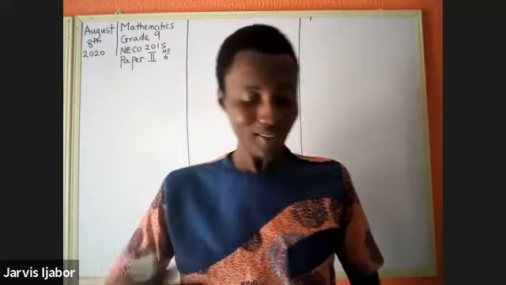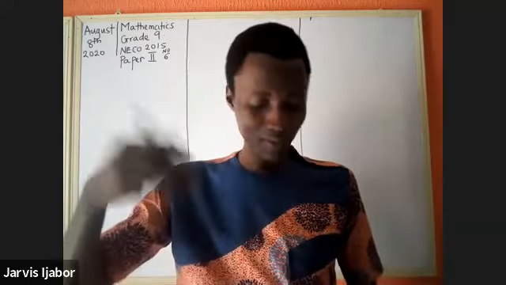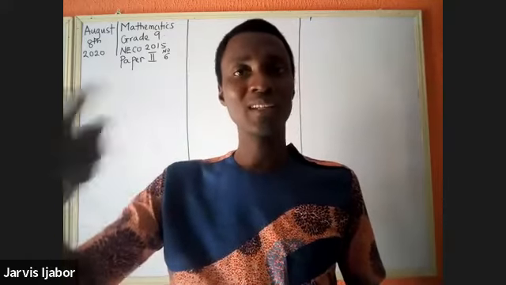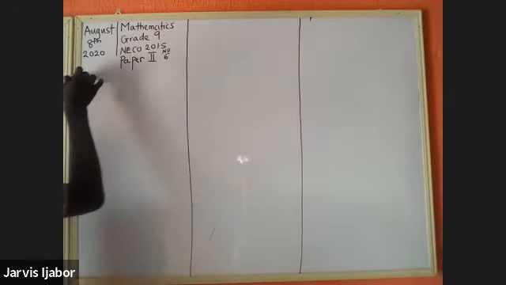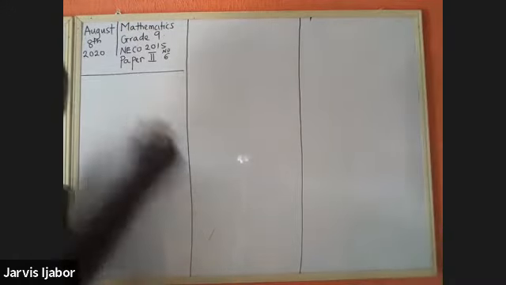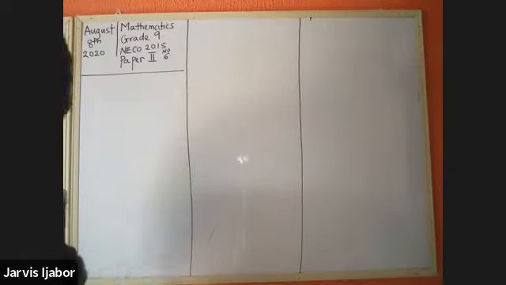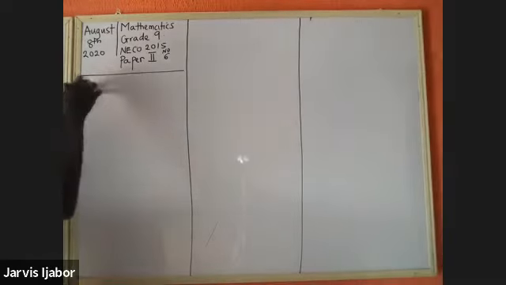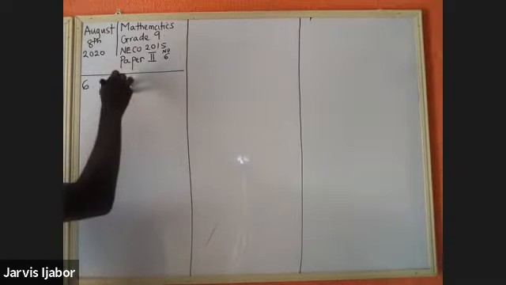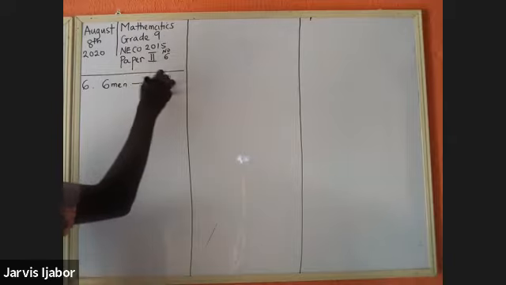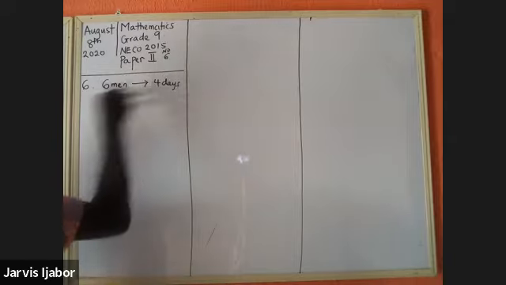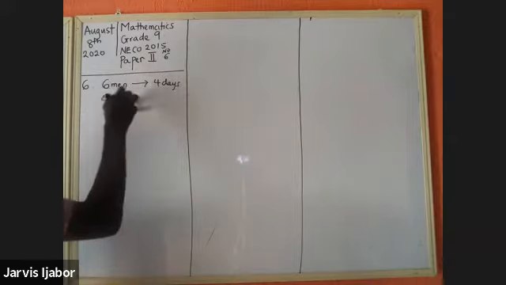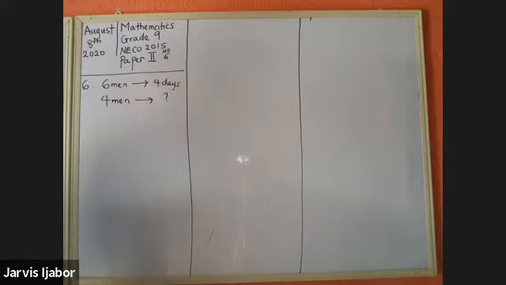So your answer already should be in that range of the days being more. So with that understanding, I will start to solve. Sometimes, not just to solve, you need to know what the direction of the question is.